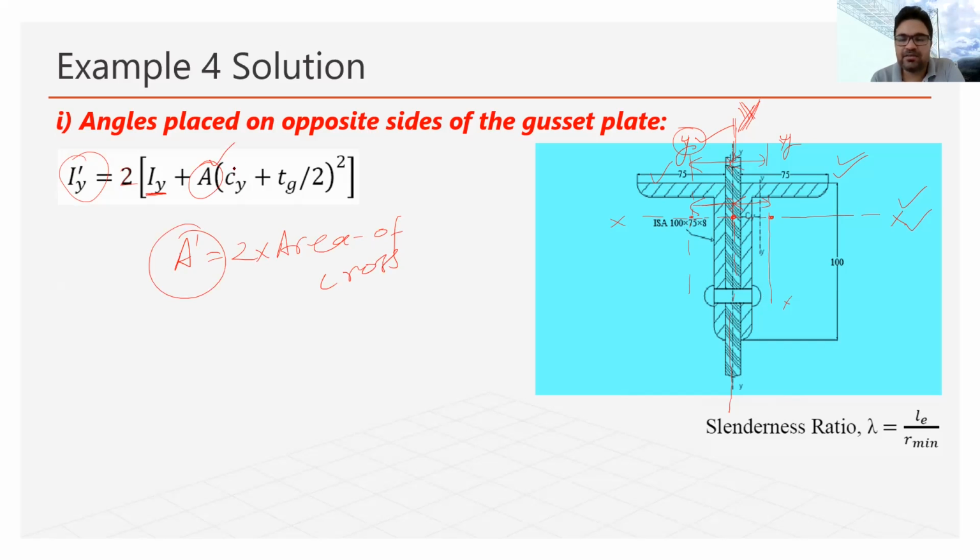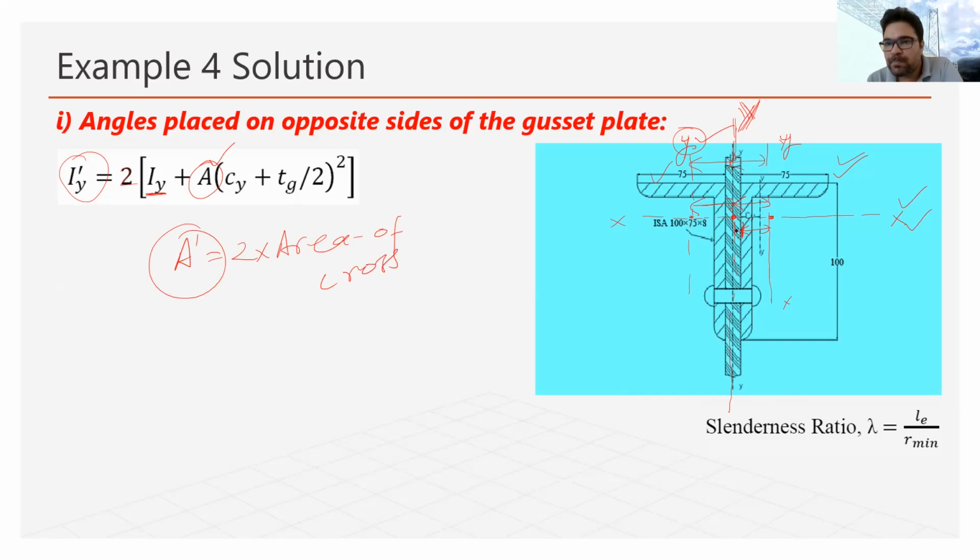And Cy, I have already shown you. Cy is basically this distance. This is the Cy, which is the distance between the small y-axis and the extreme left edge of this angle.